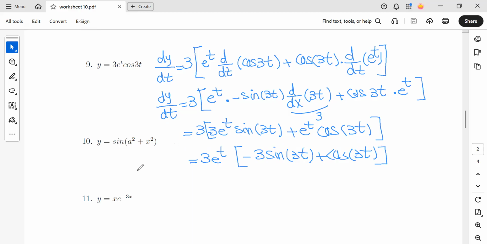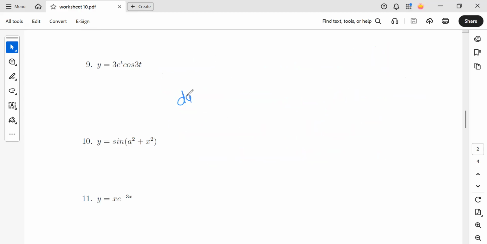Number 10 is sine of something. So the overall function here is sine. We know that for taking the derivative of sine, that would be cosine of whatever we have, times the derivative, and we know that x is the variable here, of a squared plus x squared.